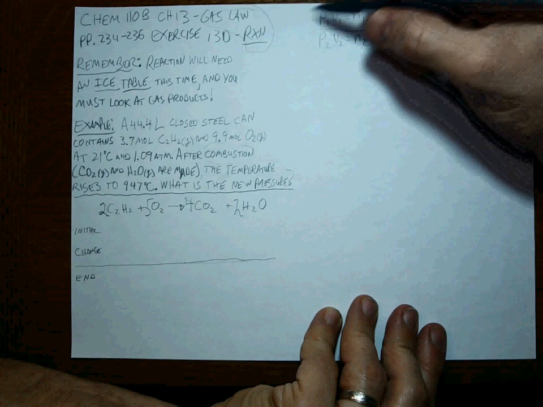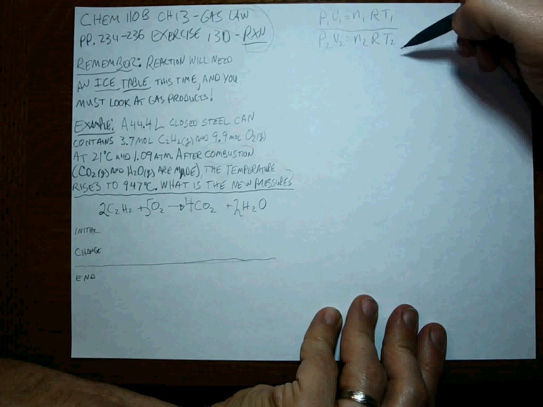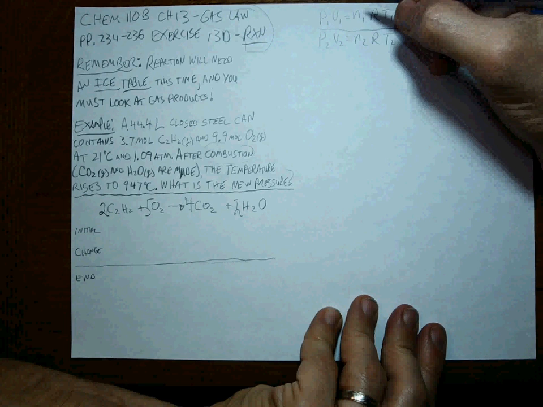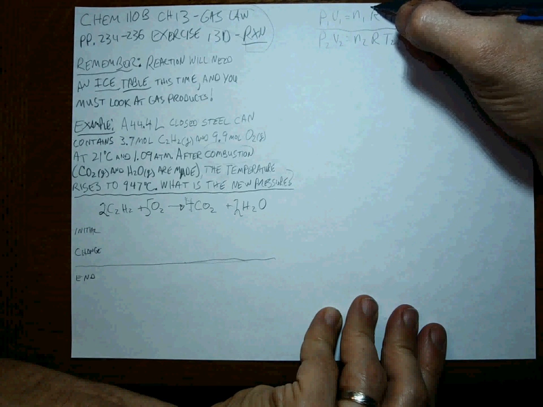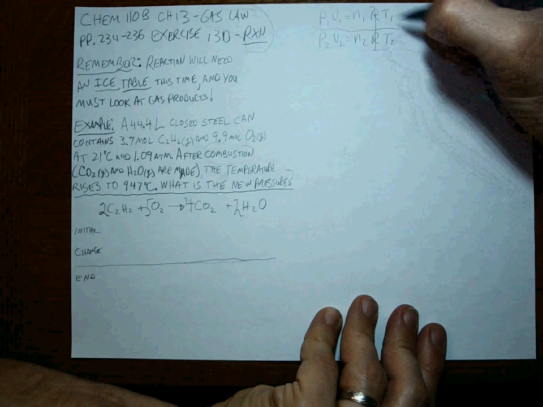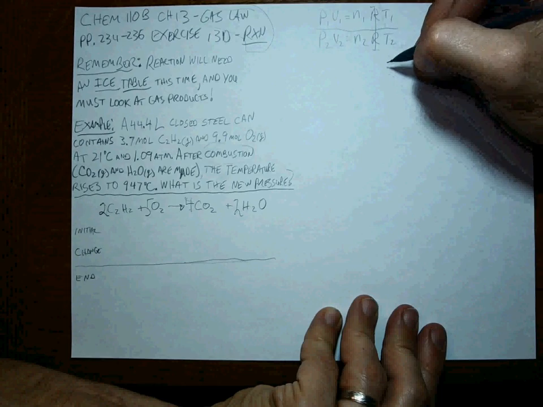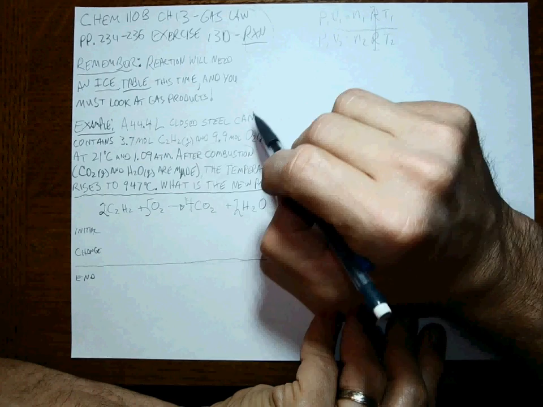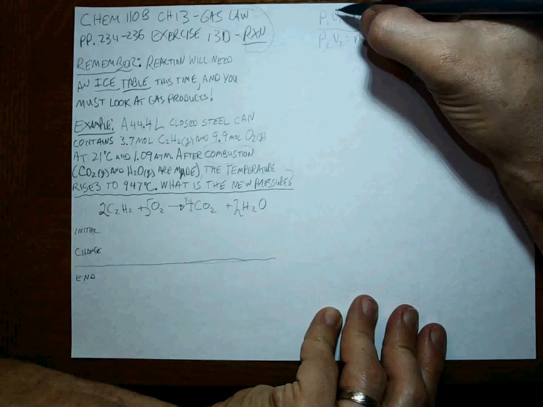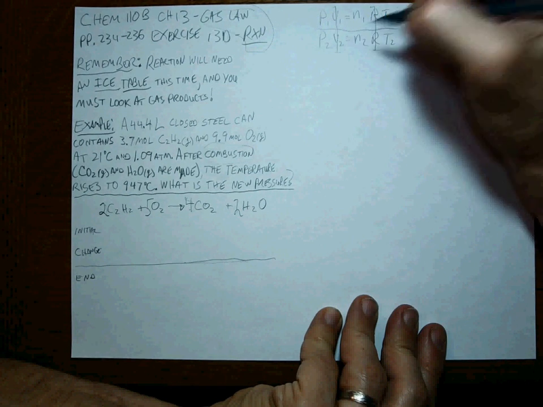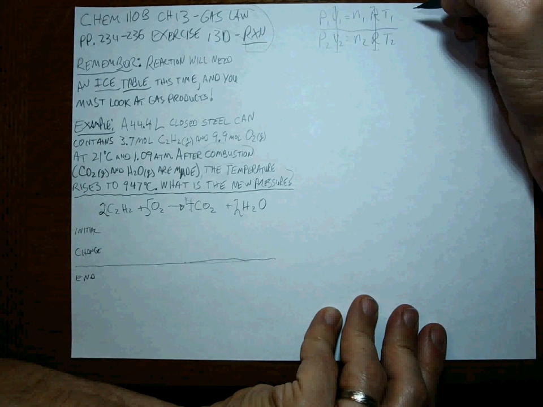Okay, so every time you have this kind of setup, you want to cross out things that you know don't change. R never changes, so it looks like a 1 and it cancels out. A closed steel can, no matter what, the volume is not going to change. So those cancel out.